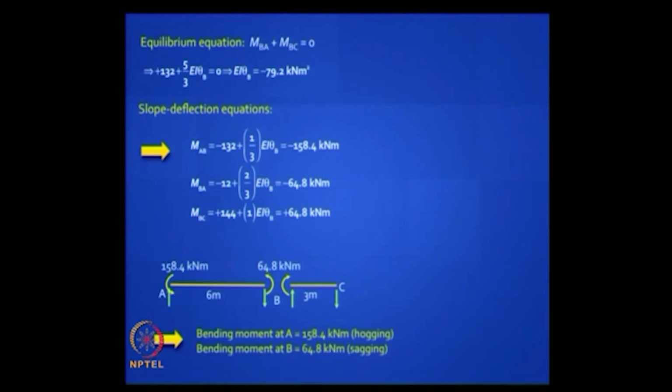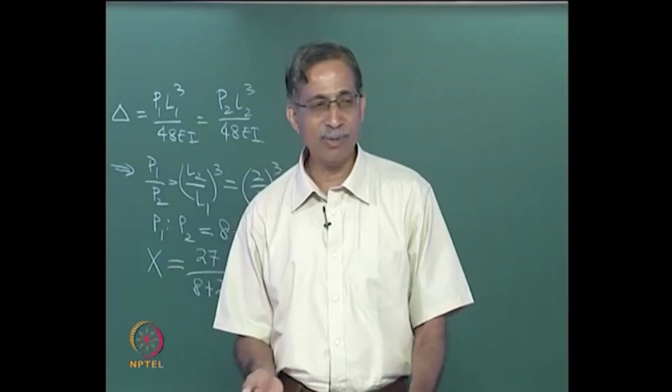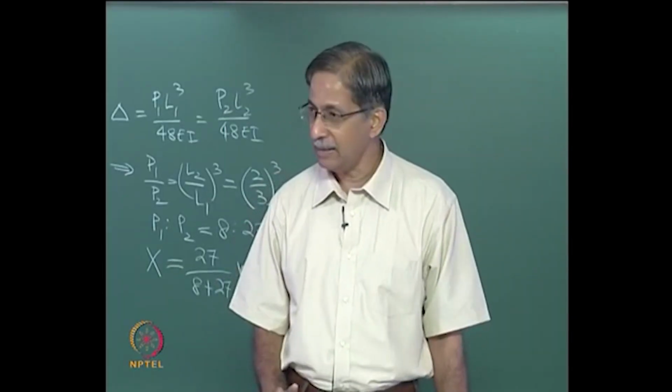Okay. What I wanted was not clockwise, anti-clockwise. I wanted sagging or hogging because that's the interpretation. What is clockwise for one beam is anti-clockwise for the other. So you shouldn't talk in terms of clockwise, anti-clockwise, talk in terms of sagging and hogging. And I didn't want you to spend time on drawing the bending moment diagram, which is easy to do. Is it clear?